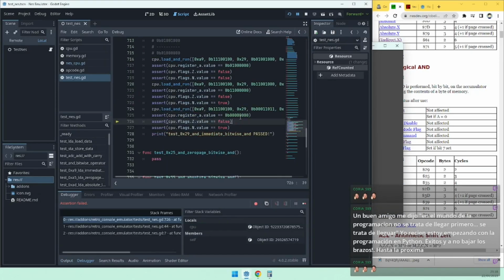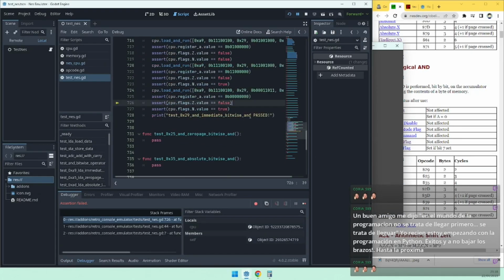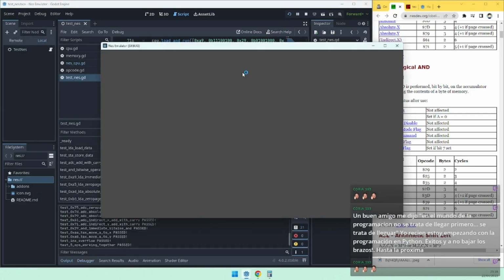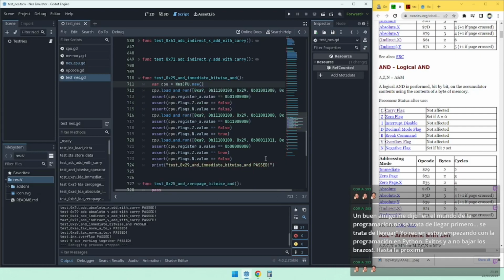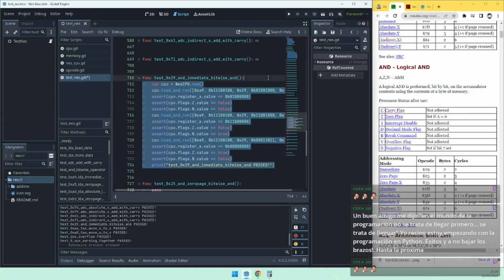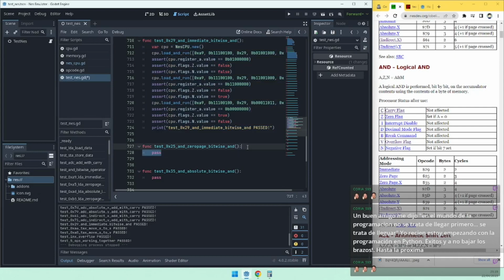It did not pass. Because I forgot to change this, of course, and it's also not negative. And it passes now. Okay, awesome. I don't need this anymore. And let's start moving on to the next.